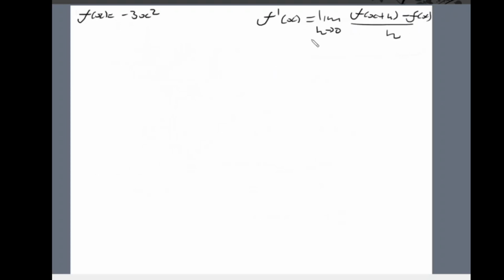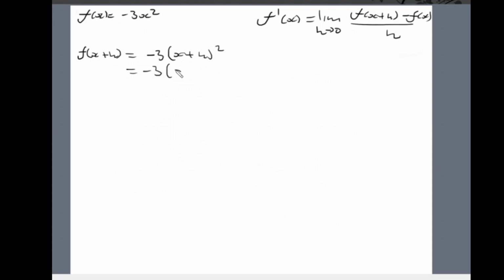So to begin solving this question, I will need to calculate f of x plus h minus f of x, right? So the numerator, we need to calculate f of x plus h. f of x plus h will be equal to minus 3. Wherever I see x in my function, I put x plus h, squared, minus 3.